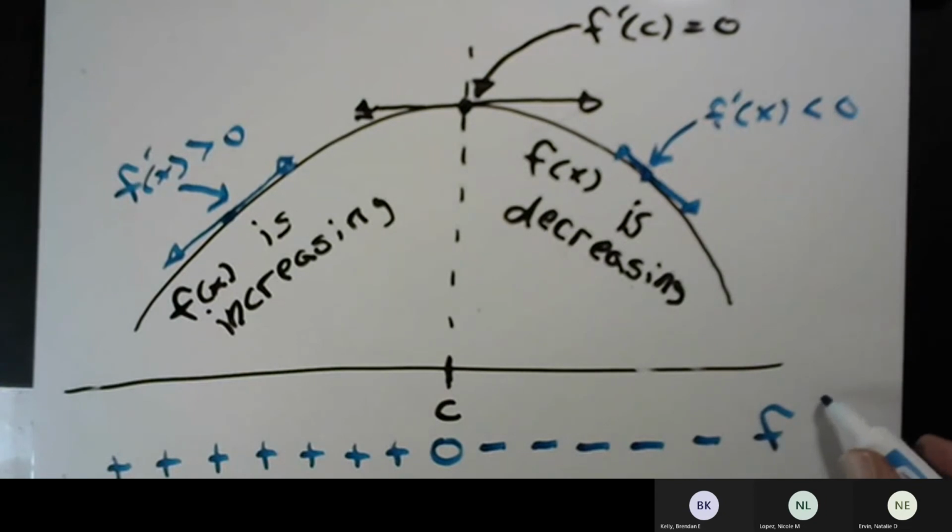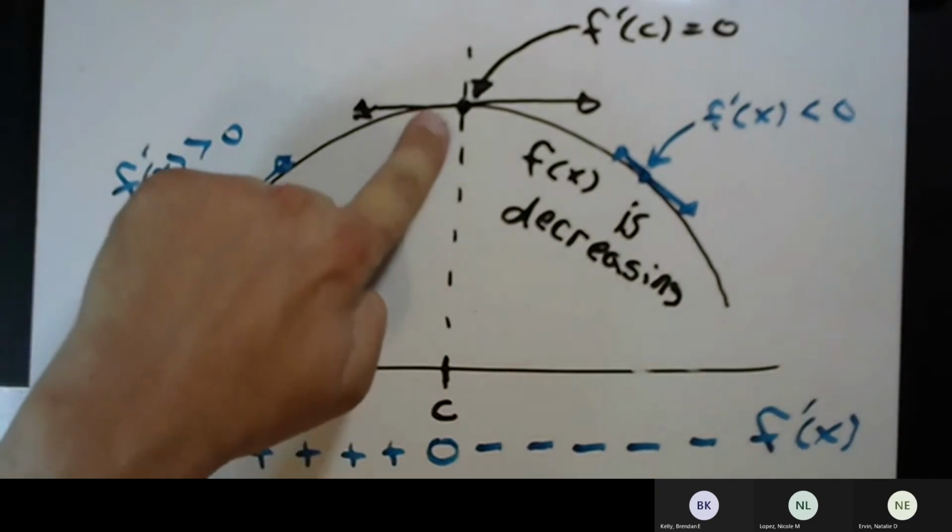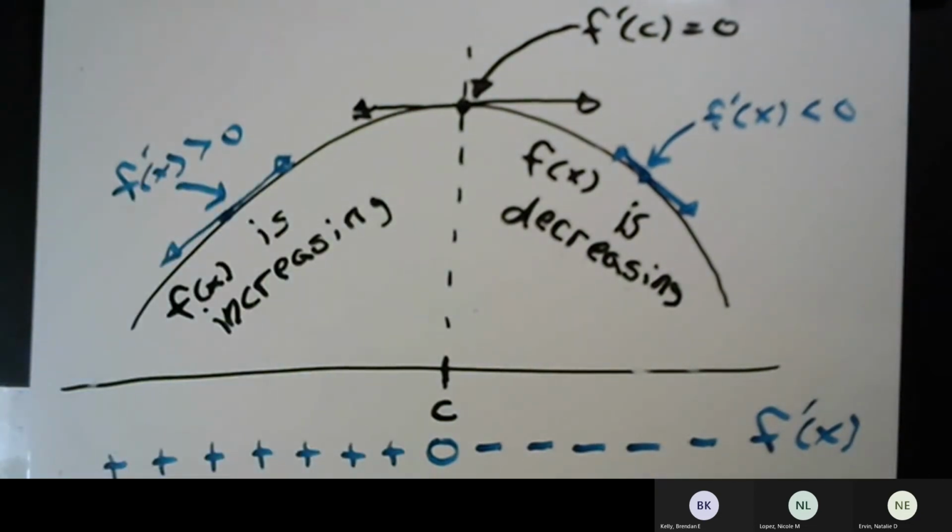This is what f prime of x is doing. So what we're seeing is that when we have a hill with a top, our derivative will start out positive, then it'll hit 0, and then it's going to go negative. So any questions, and we're going to do some examples with this, but any questions about this? And we'll summarize this. We're going to come up with what we call the first derivative test.